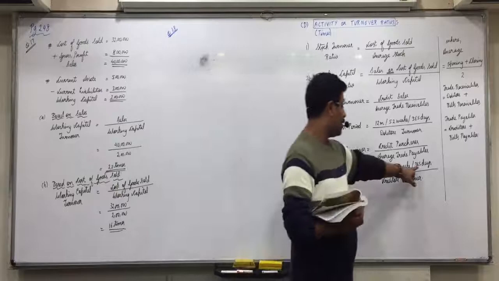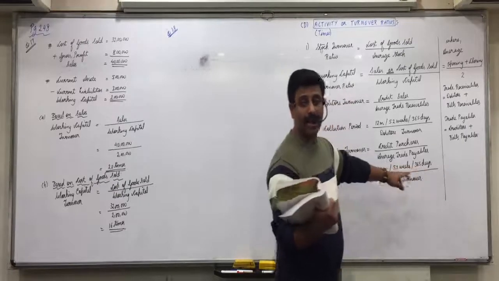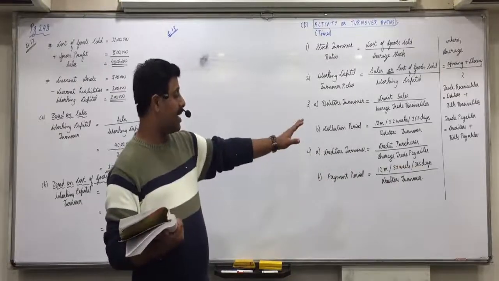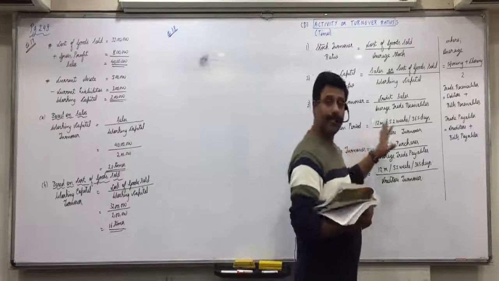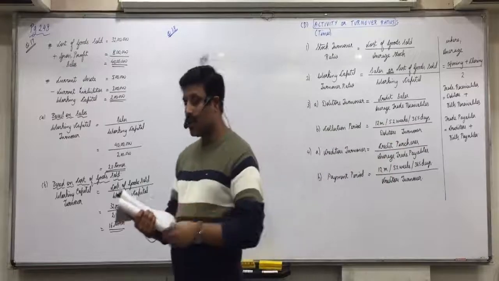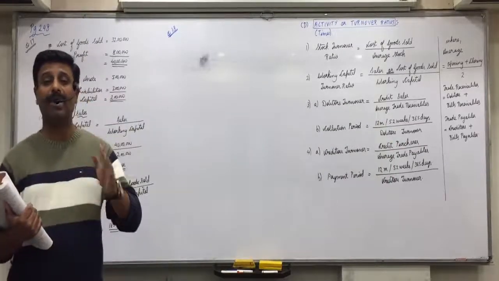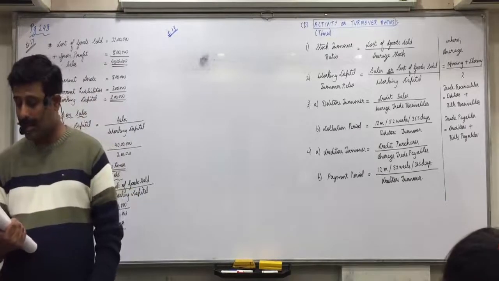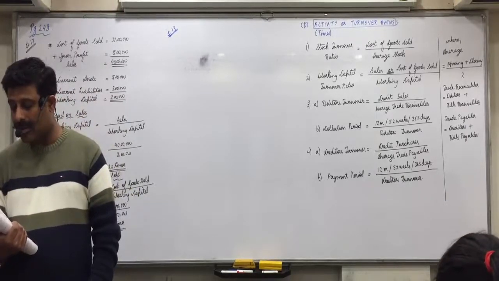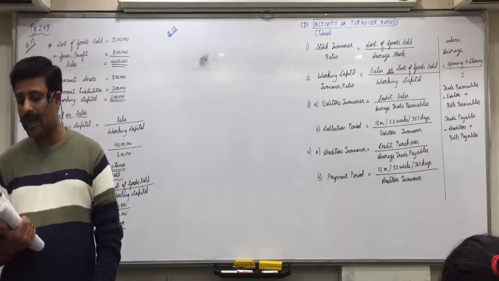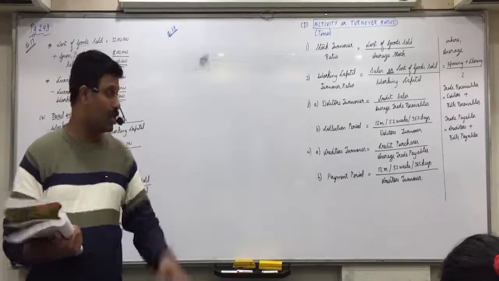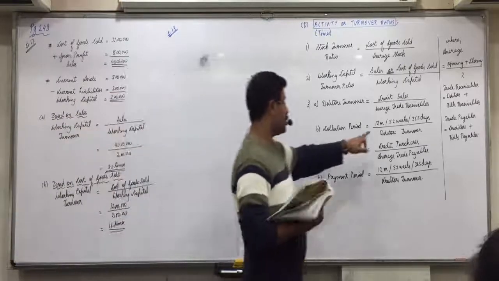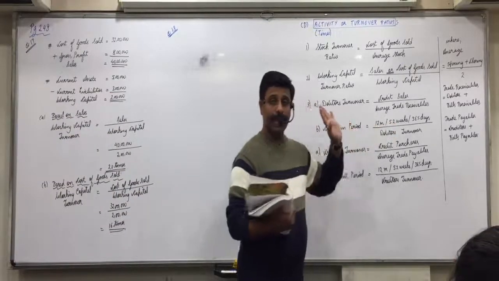At the end in brackets, it says assume 360 days in a year, so take 360 days divided by debtors turnover. If that had not been given, you would have taken 365 days. Further, find the collection period in terms of weeks and months too. In short, days also, weeks also, months also.